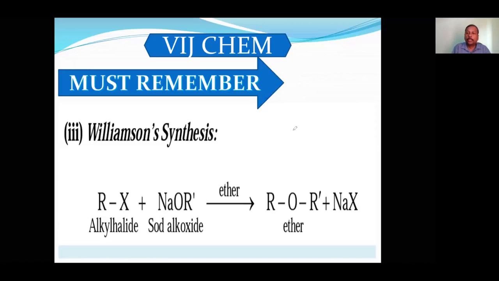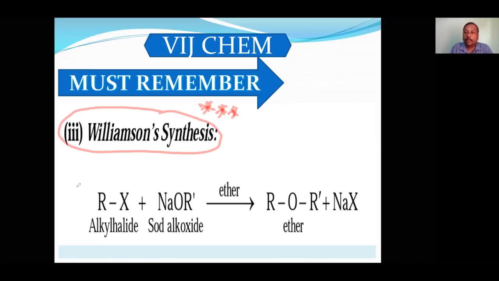As I told you, there are two important topics. Out of the two, one topic is Williamson synthesis. If anybody wanted to make a tough question from the ethers, it is the best and most frequently asked question, Williamson synthesis.